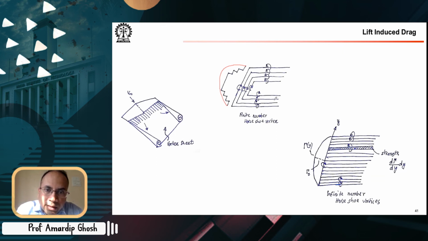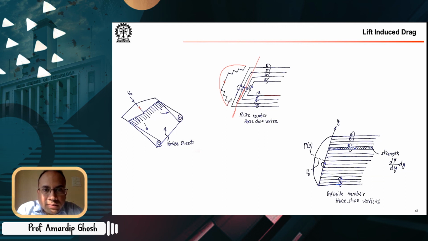You see that the strength of this filament, so you can think of just one filament, is a superposition, in this region at the root, not the tip, at the root, here the circulation along this span direction will be a superposition of the circulation created by each of these horseshoe vortices.